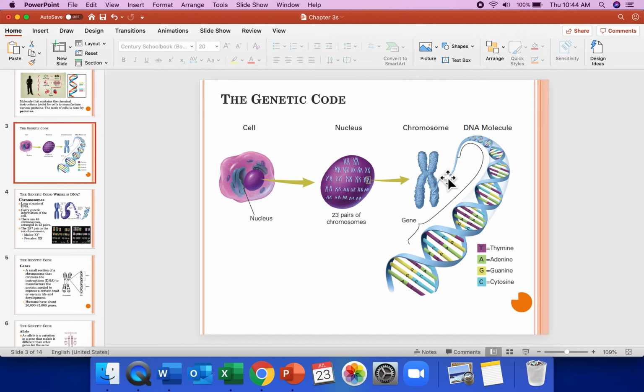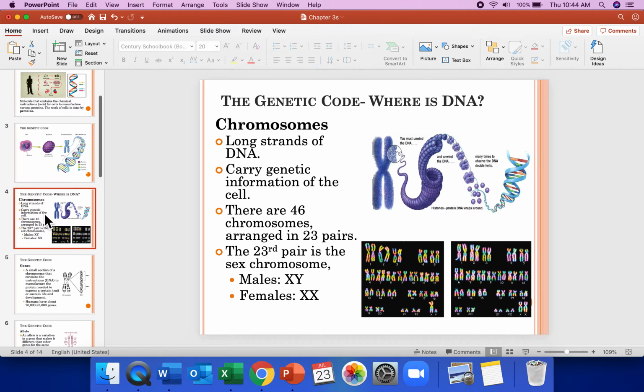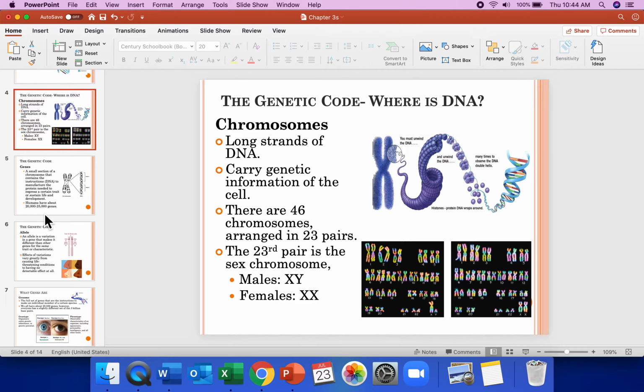So chromosomes are basically DNA. And how many chromosomes are there? There are 23 pairs of chromosomes in every cell.